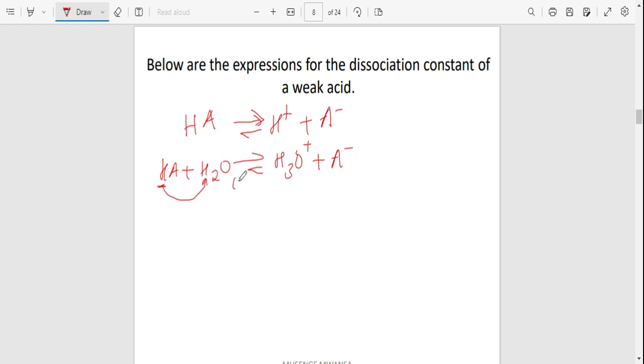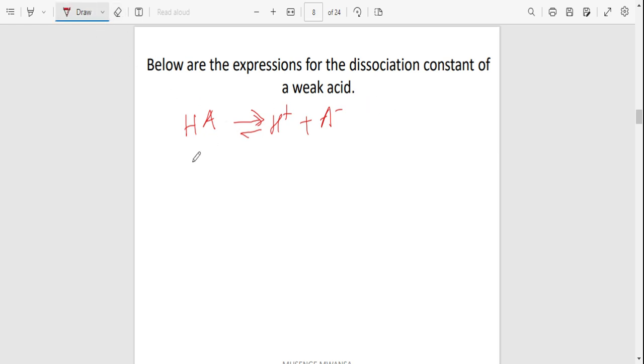Now, because water is a liquid, in the expression for Ka, we don't include this. So basically, it's going to be the same as this one. Remember, we said the concentration of hydronium is equal to the concentration of hydrogen ions. So then what are we going to form here?